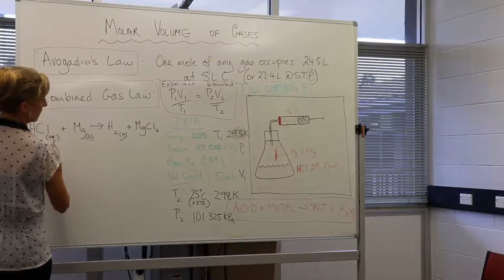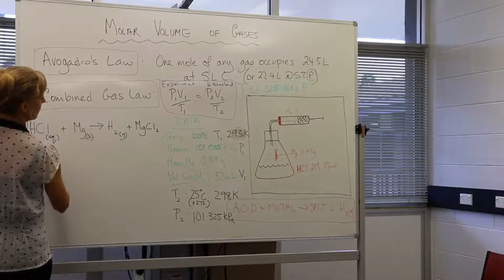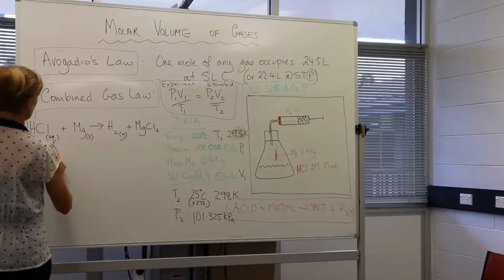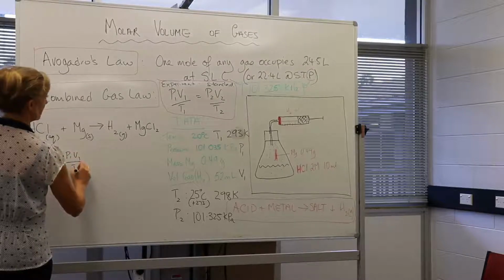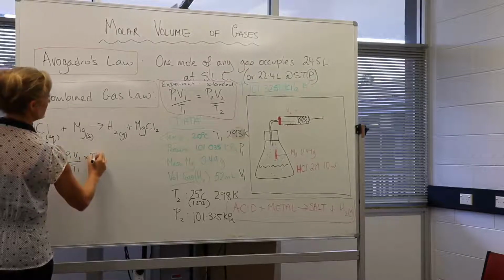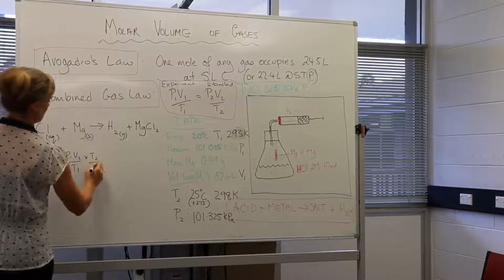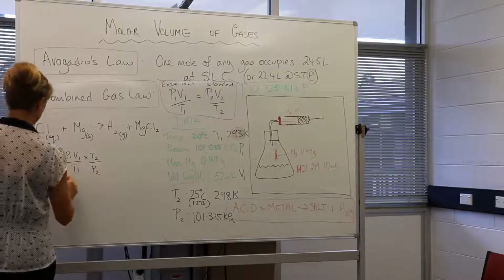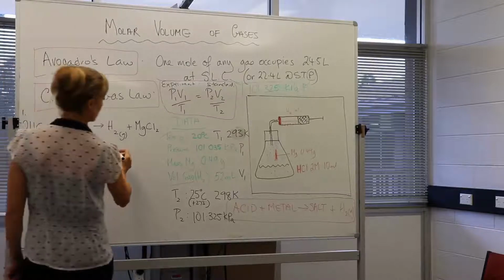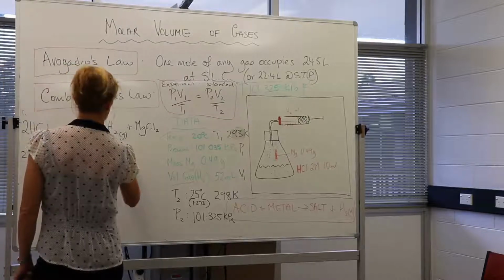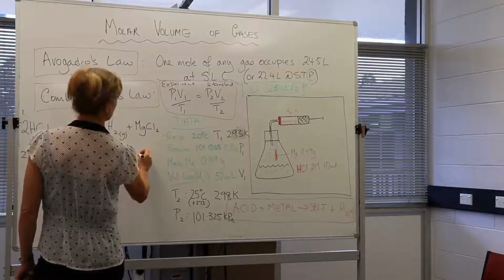So starting with P1, we can rearrange this equation. Actually, I might do that. So V2 equals P1 V1 on T1 times by T2 and divided by P2. And that's going to equal P1, 101.035.